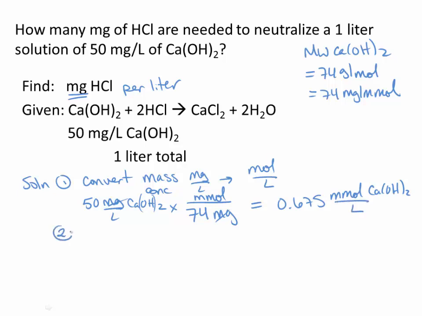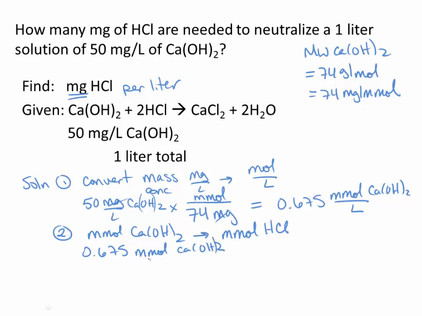The second step is to use stoichiometry to relate millimoles of calcium hydroxide to millimoles of hydrochloric acid. So 0.675 millimoles of calcium hydroxide per liter.